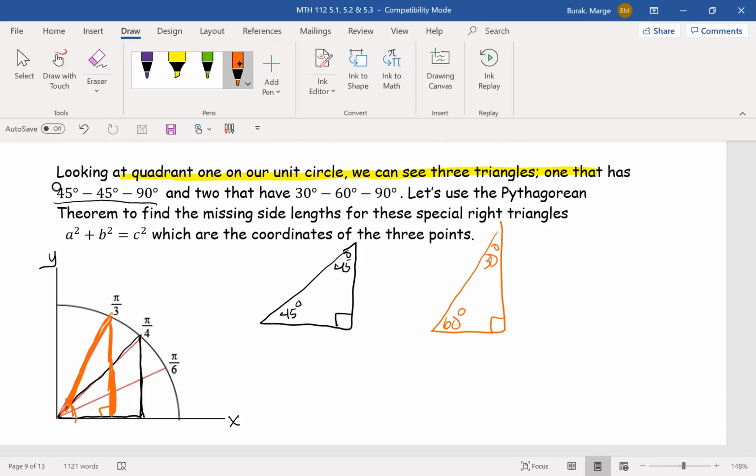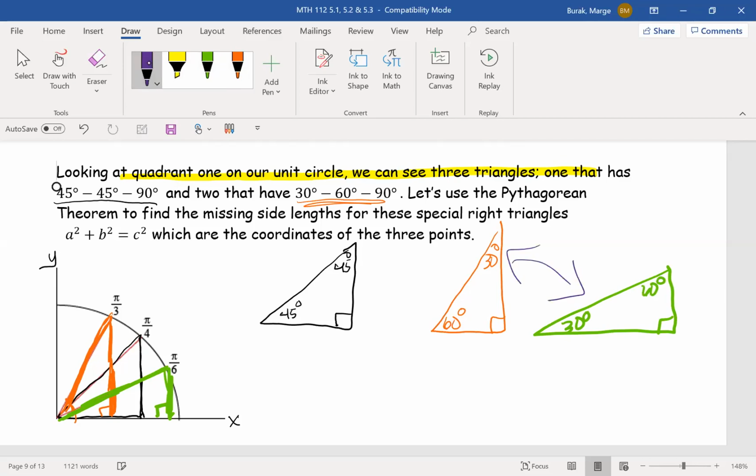And that's a 60, 30, 90 triangle. And then if I did this one, pi over 6, and I bring that straight down, then I have my right angle here. This is my 30 degrees. That means this one's 60 degrees. You can see that these two are the same triangle, rotated and reflected.